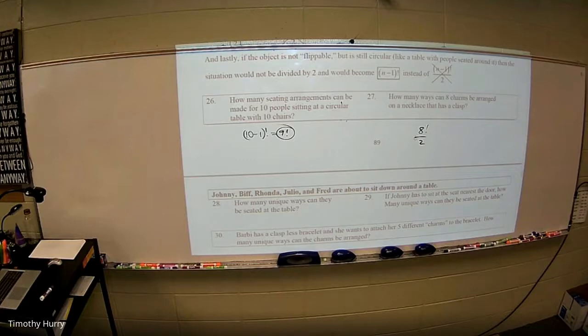So instead of being circular with 3 things and saying 2 factorial, I'm going to say, you know what? This is almost like a clasp. It broke up the circularity and made it just 3 factorial. But is it flippable still? Yes, I can flip this around and say, oh, look, now the tile's on the left. Oh, look, now the tile's on the right. Because it's flippable, I am going to divide by 2.